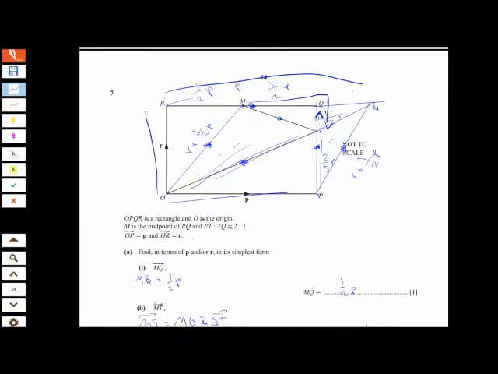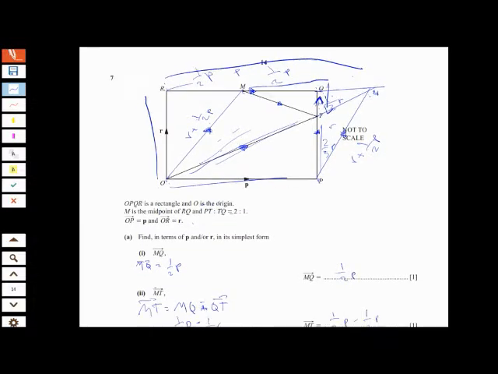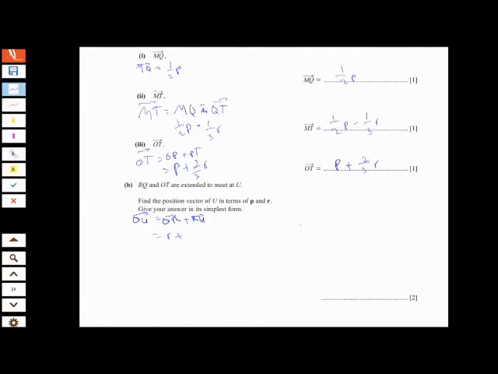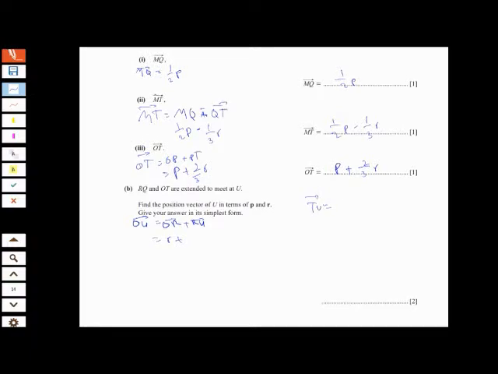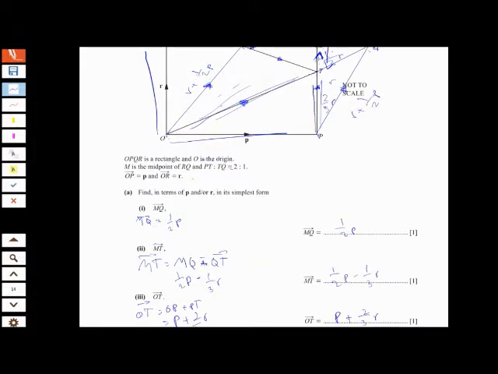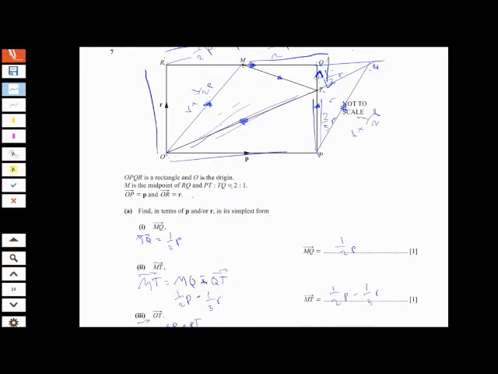Let's find TU first. Let's write TU here. TU is basically this line, PT plus, sorry, TU is PT plus PU. That's the equation of TU.